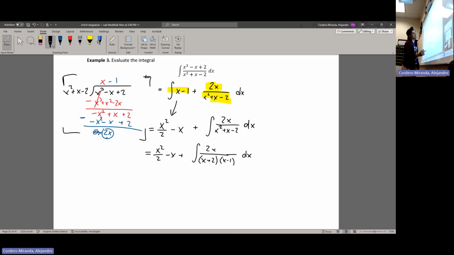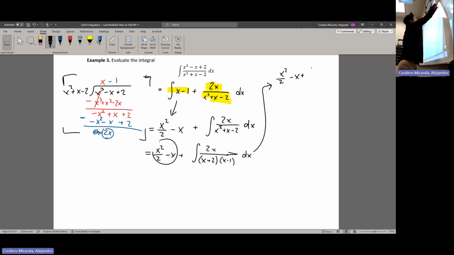Okay, so then partial fraction decomposition says that can turn into, again, x squared over 2 minus x that I had from this, plus integral of something over x plus 2, plus something over x minus 1 dx.